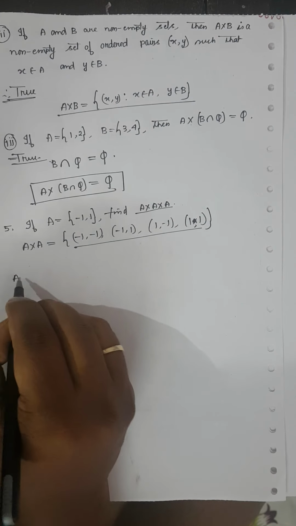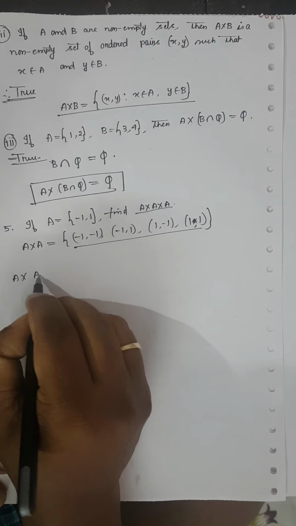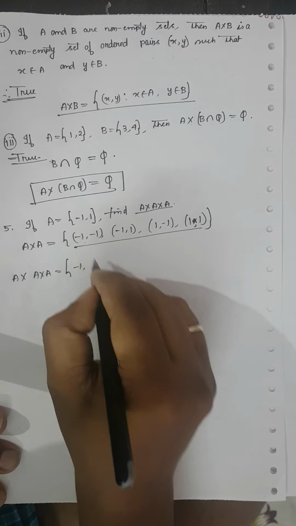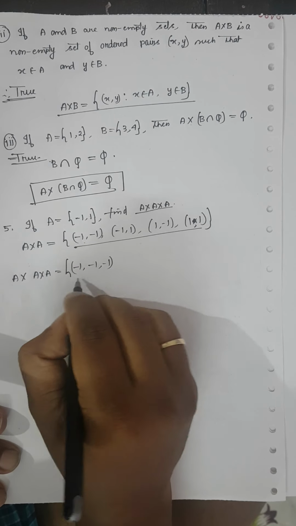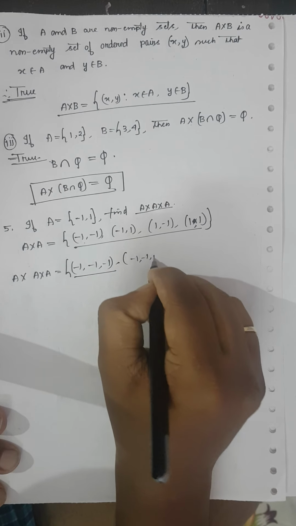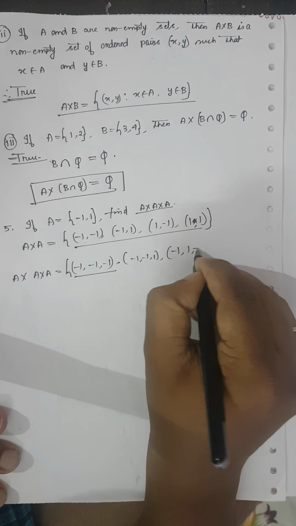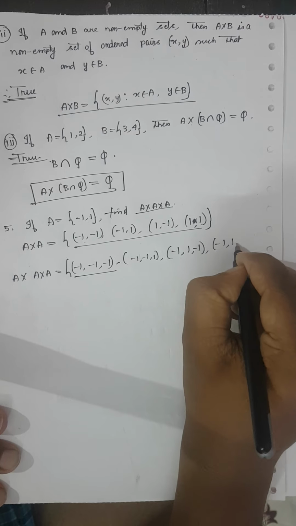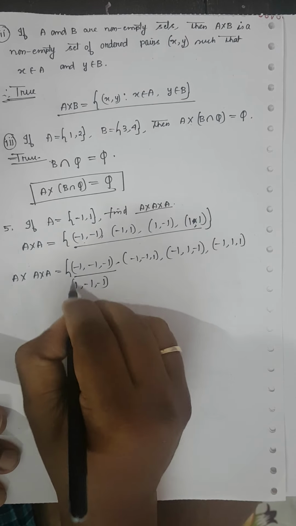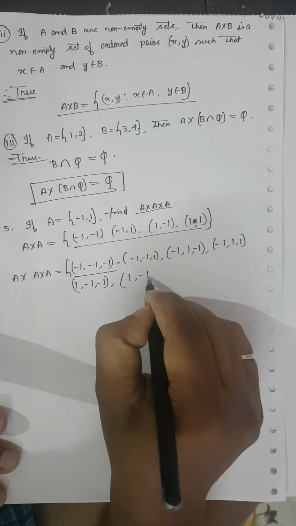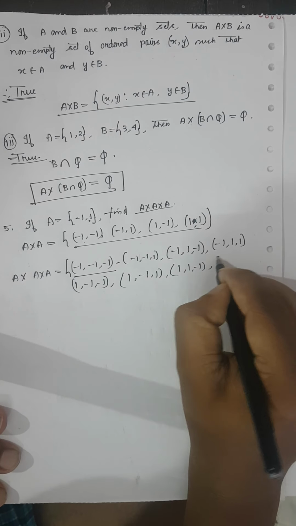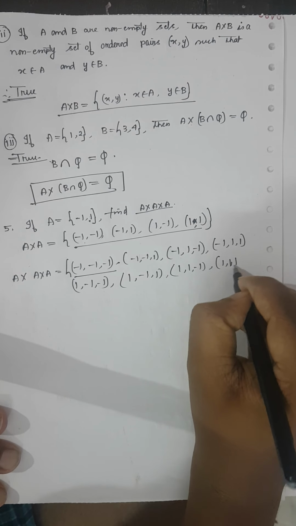Now if I find the Cartesian product of A with A cross A, I will have (-1, -1, -1). See, these are called ordered triplets. Then (-1, -1, 1), then (-1, 1, -1), (-1, 1, 1), then (1, -1, -1), then (1, -1, 1), then (1, 1, -1), and lastly (1, 1, 1).